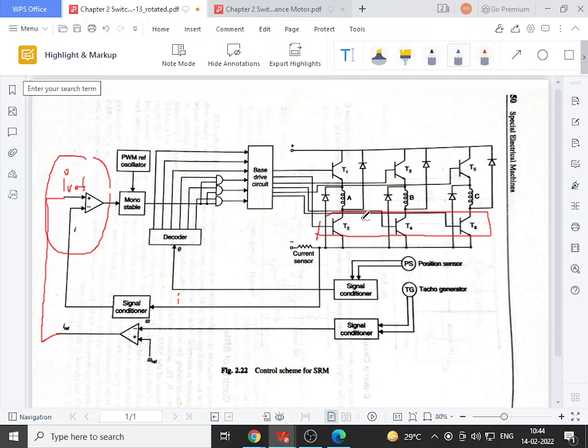So always the chopping frequency is ANDed with the rotor position sensor, and that output is provided to the base driver circuit or gate driver circuit of the lower leg transistors.